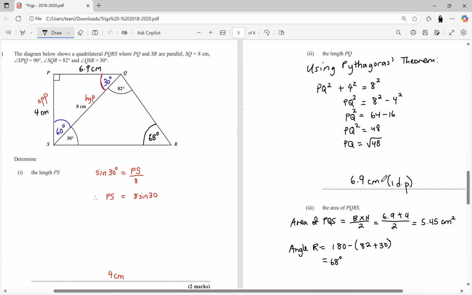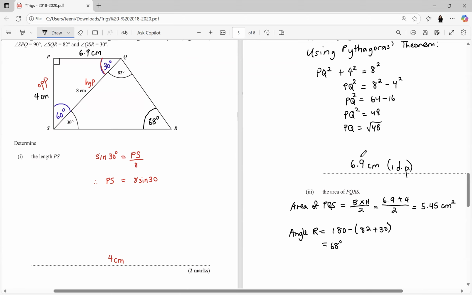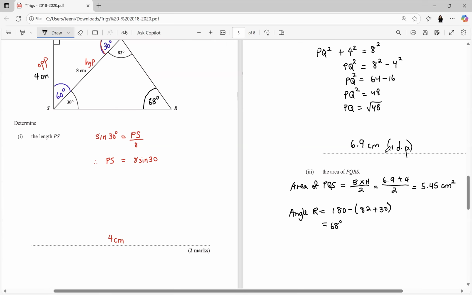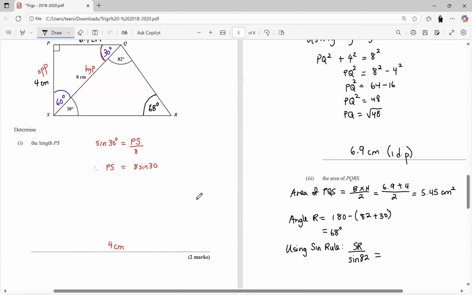All right, so once we have that, now we can use the sine rule to find this side SR. Using the sine rule, SR, the side that we're trying to find, over the sine of the angle opposite SR, which is 82 degrees, so sine of 82, is equal to the other known side of the triangle QSR, 8 centimeters, which is opposite the angle R. So that'll be 8 cm over sine of 68.